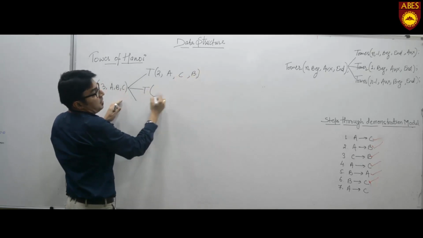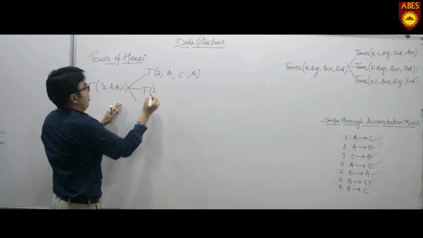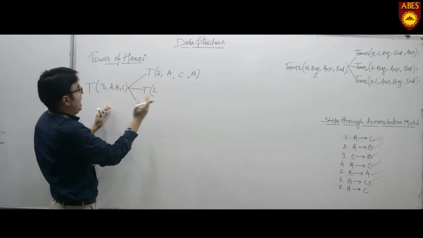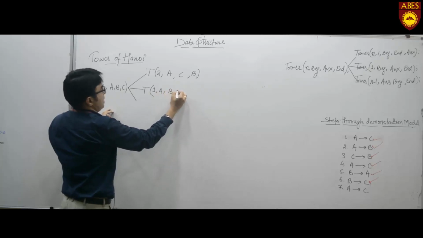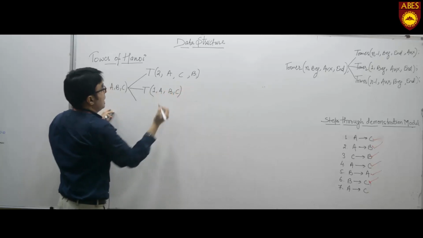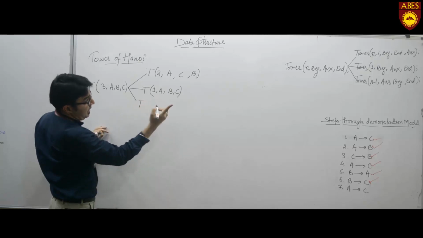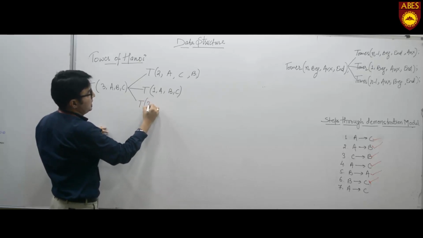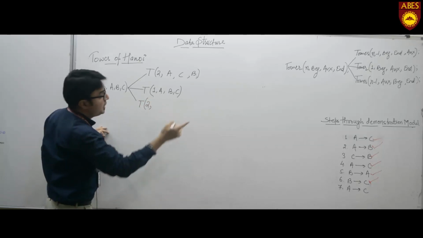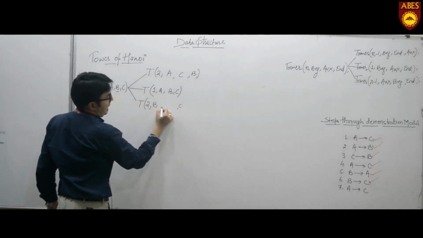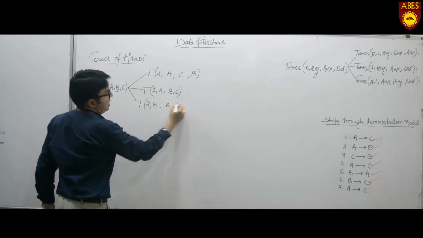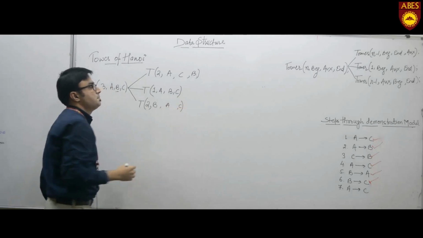Then Tower 1 from beginning to end, the same sequence, A, C. Then Tower n minus 1, which is again 2, from auxiliary B to end C, with beginning A in the middle. So it is now divided into three parts.